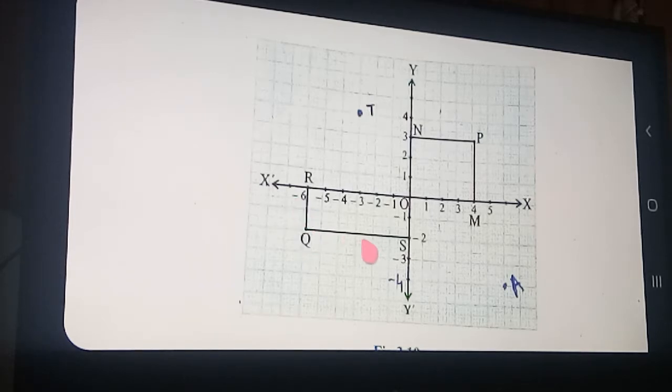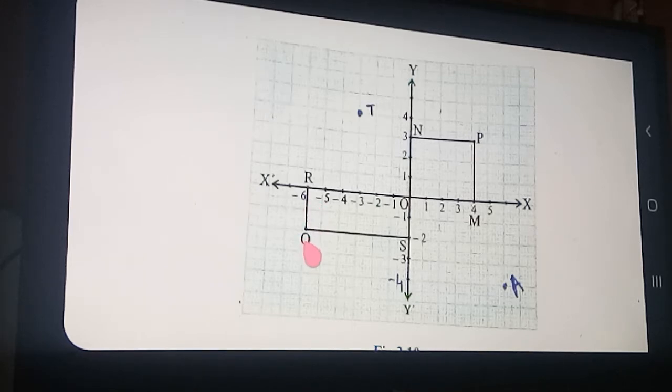The perpendicular from Q to the y-axis meets at the point S, and the number corresponding to S is minus 2.